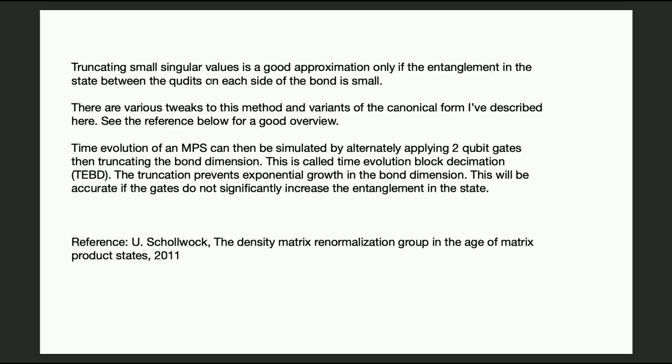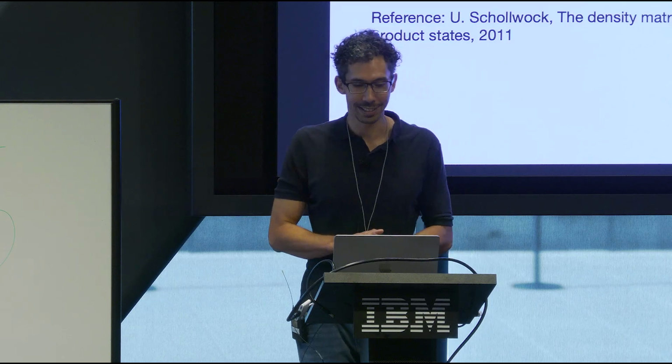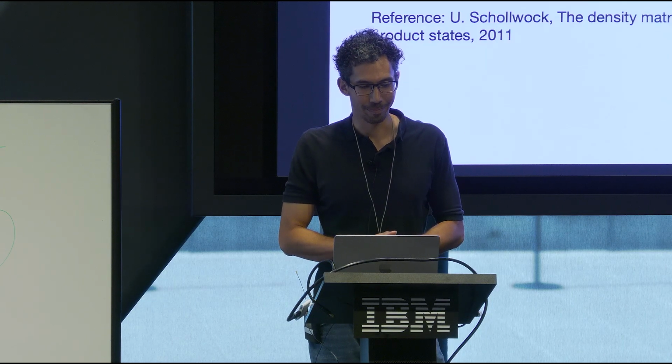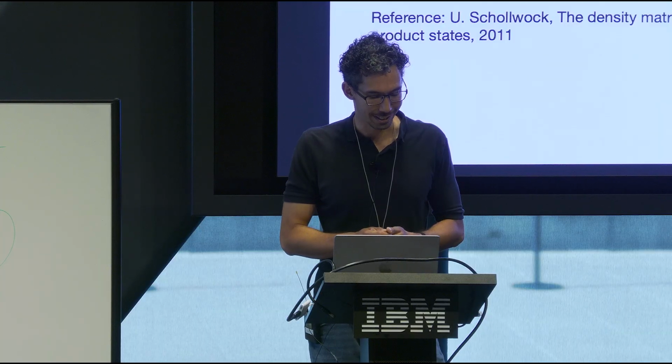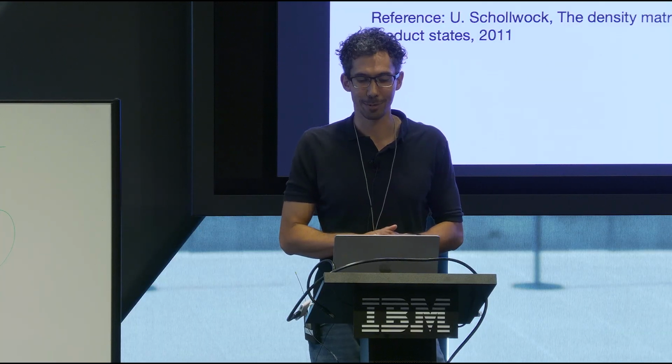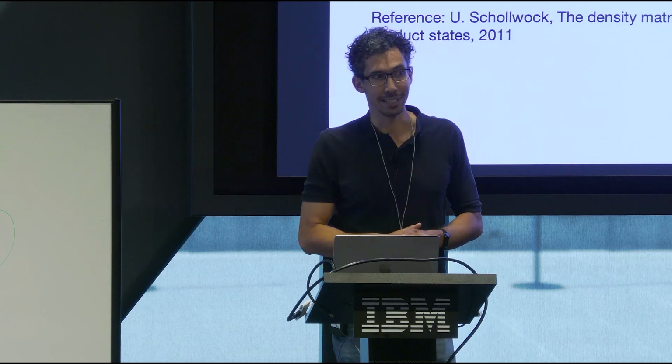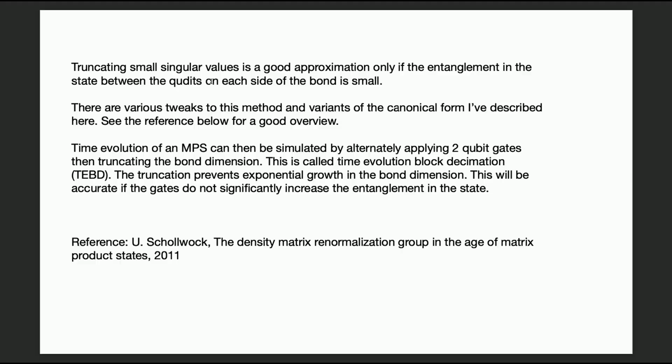Since the Schmidt rank is a way to quantify entanglement, this approximation is only going to be good if the entanglement between the two parts of the chain, to the left of bond K and to the right of bond K, is small. The way I've described it is not the most efficient way you would do it in practice.